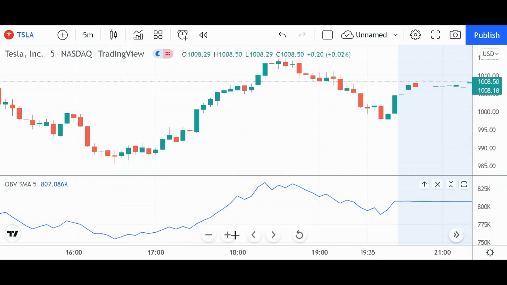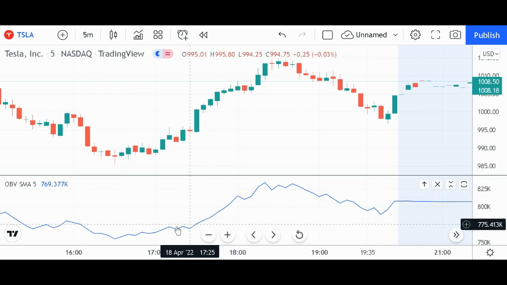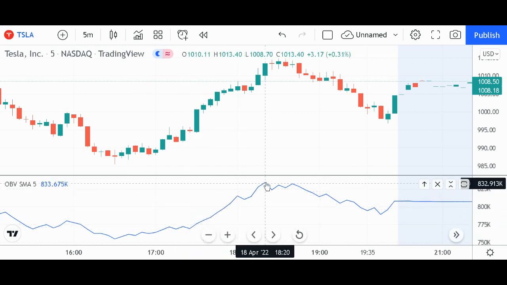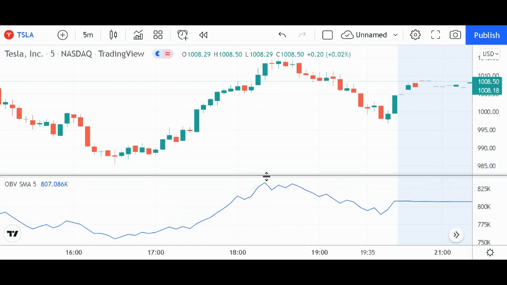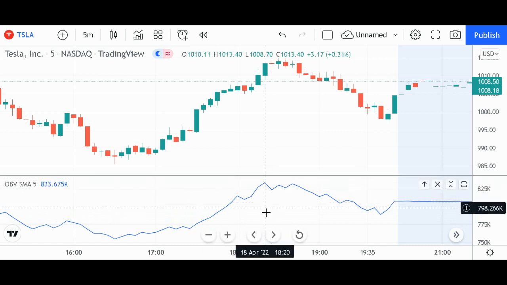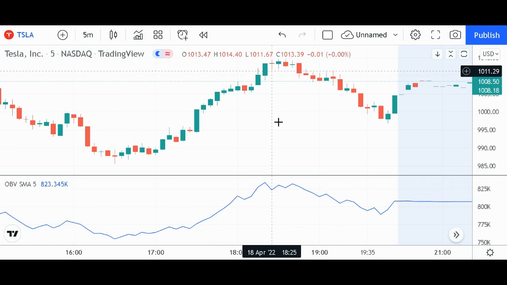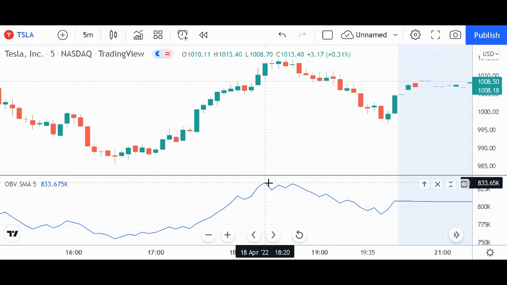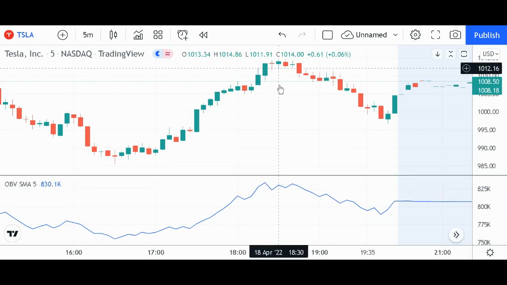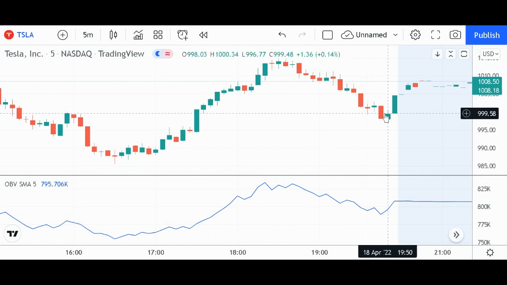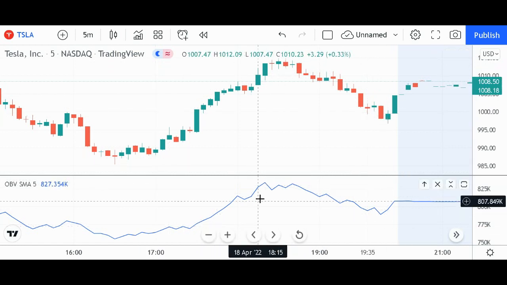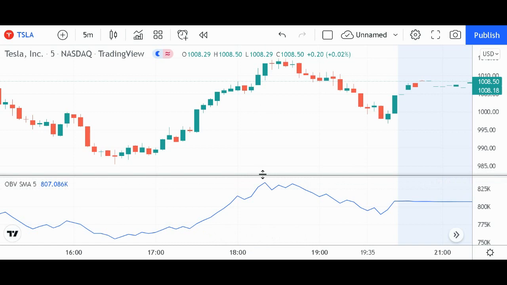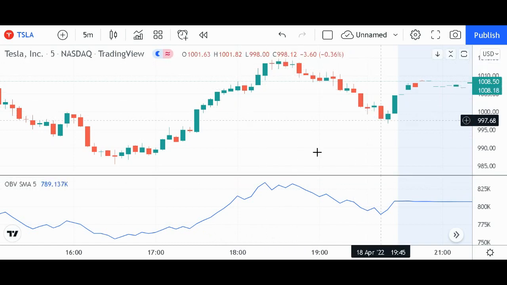And what I've noticed, a lot of the time it's especially effective, no guarantees, not every time, but I've noticed that when the on-balance volume line almost hits the upper boundary here, that is a sign that you may want to take profits, because a lot of the times, whatever it is, stock, cryptocurrency, it tends to be rather expensive, rather pricey, and maybe due for a turnaround to go down. And look how it happened here. When you have the OBV line banging its head almost against the upper boundary here, watch out, could be a pullback coming.